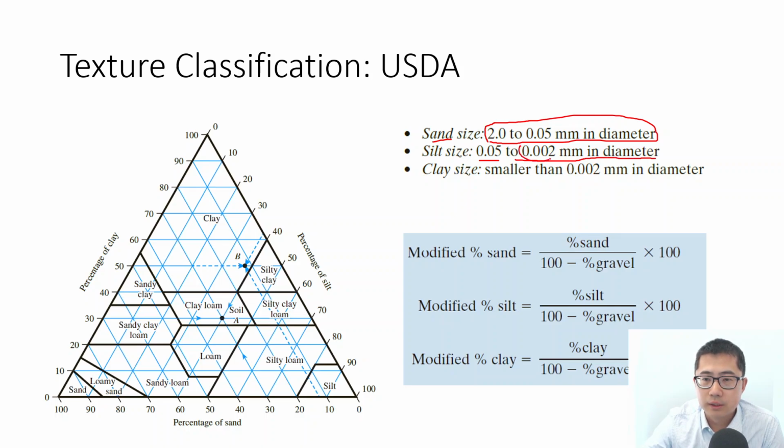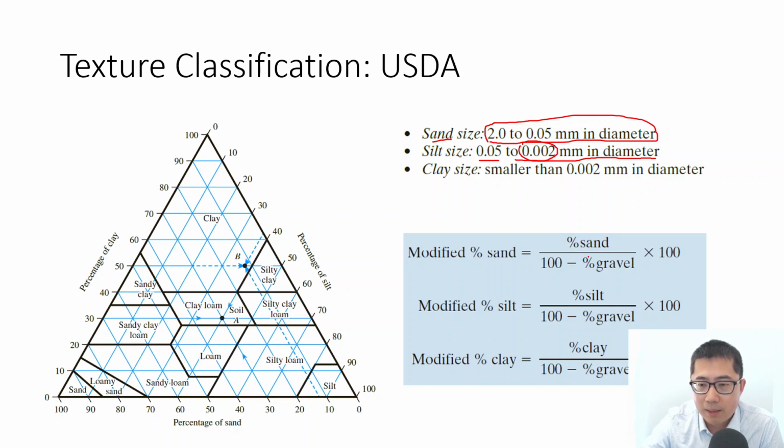Good luck doing sieve analysis on that. But anyway, clay is smaller than 0.002 millimeter in diameter. So in USDA, we don't do anything larger than 2.0 millimeter, so they struggle a little bit with the gravel component. They did some modification to accommodate that.